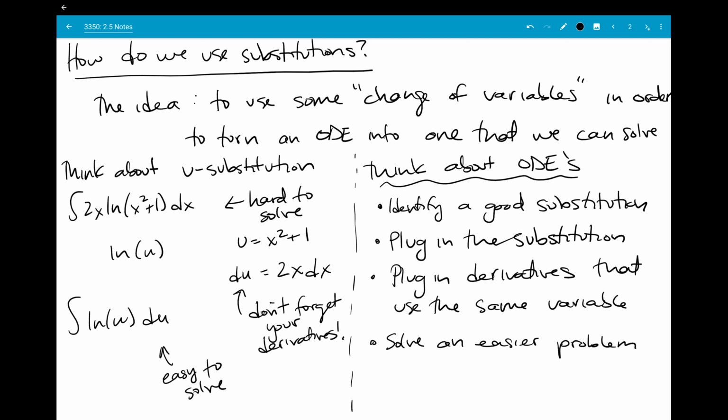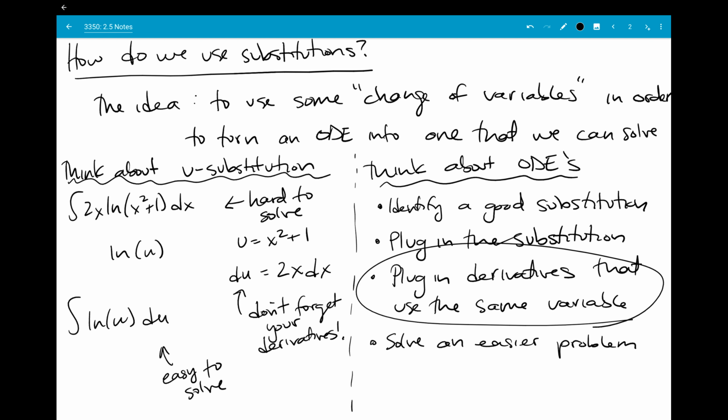Hopefully you can see how those steps mirror what you're used to when you do a u substitution problem with integrals. I want you to really remember this part. It's the one thing that tends to go wrong in this section: when you do u substitution for integrals, you plug in du, so when you do substitution for differential equations, you plug in derivatives.